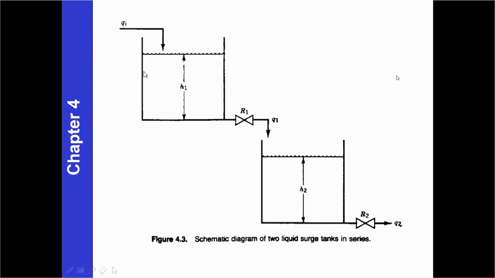This is an example: a schematic diagram of two liquid surge tanks in series, the first tank and the second tank. The first tank has height H1, and the flow Q1 goes into the second tank, which has height H2, controlled by R1, and the output Q2 is controlled by the valve R2.